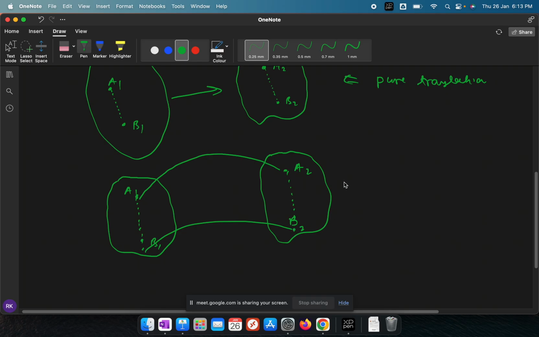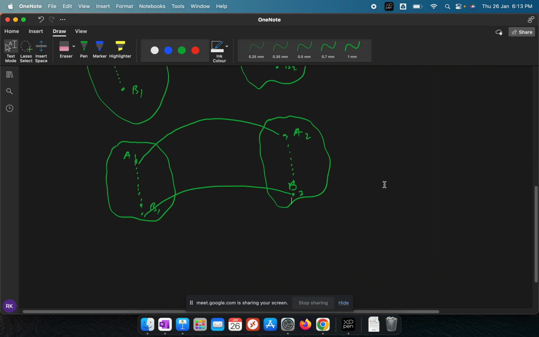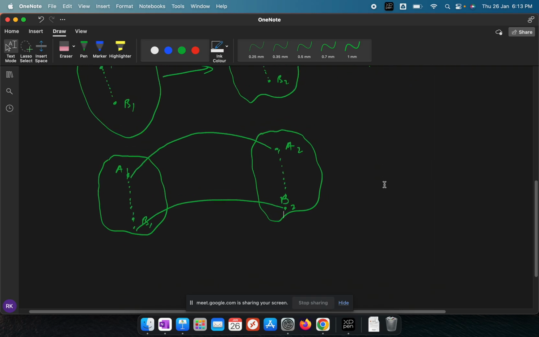Can someone tell me, is this an example of pure translation or not? Tell me. Pure translation. Yeah, why is that?